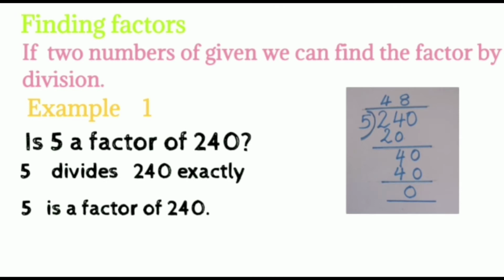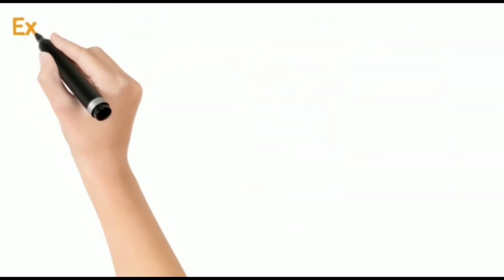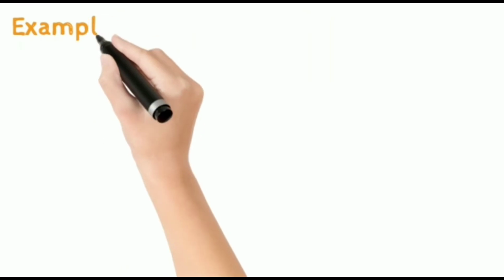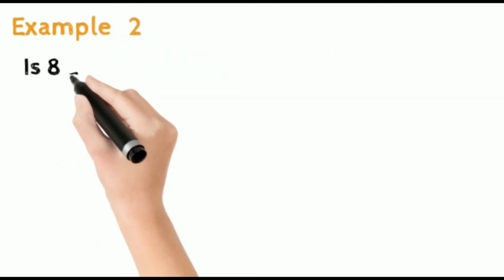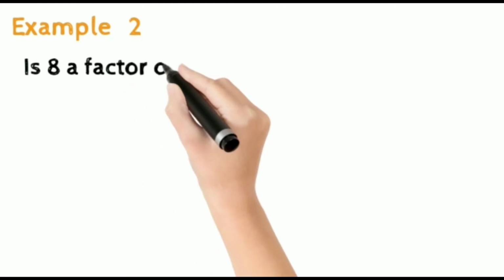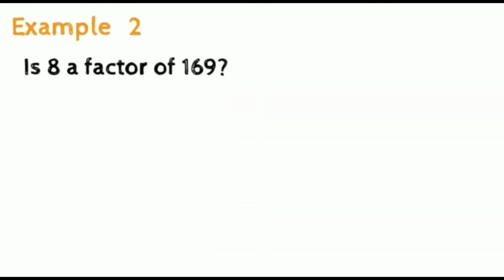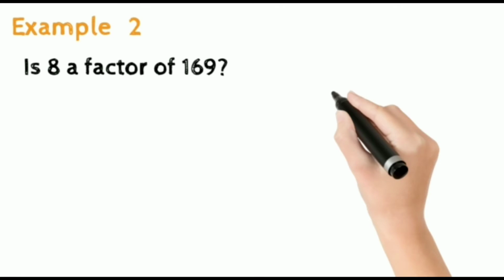When a number divides another number exactly, it means the bigger number has at least 4 factors. Next, we are going to example 2. Is 8 a factor of 169? We know the divisor is 8, the dividend is 169, then we have to divide and check.